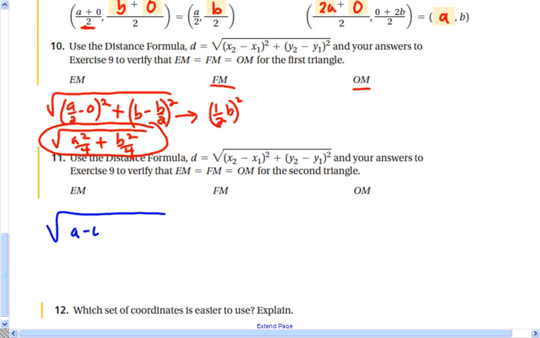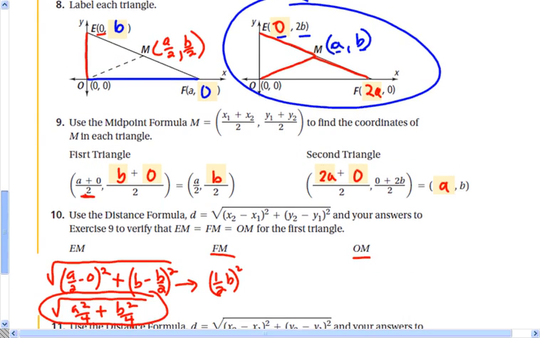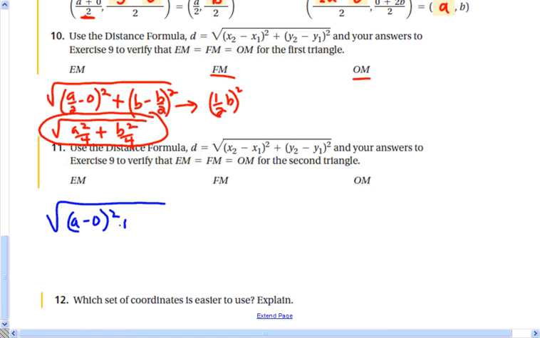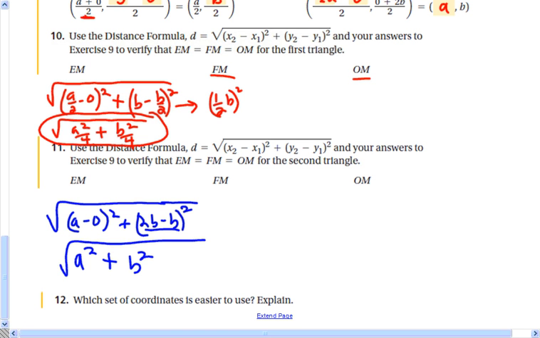So a minus 0 squared, and then 2b minus b squared. And when I do that, I end up with a squared plus 2b minus b, which is just 1b squared, which is a heck of a lot easier and a lot faster to find.